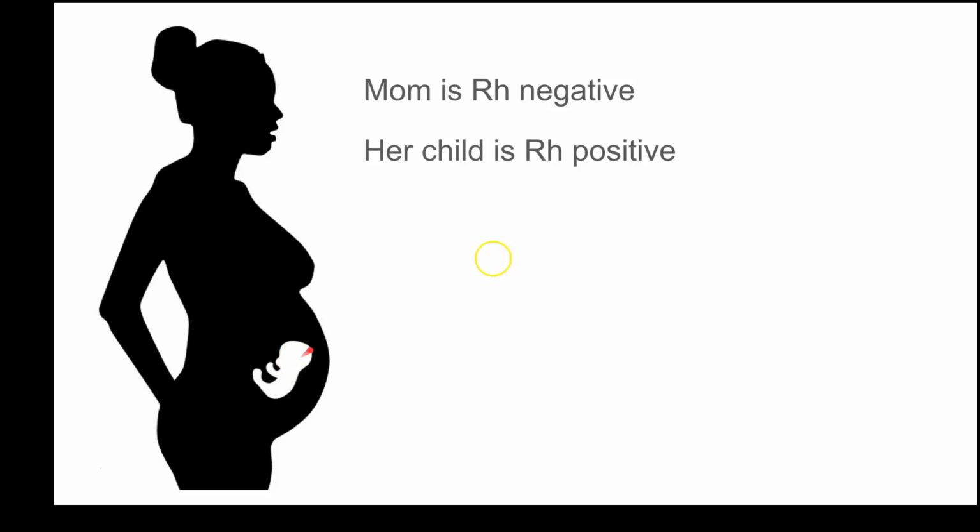This is not a big deal when she has child 1, and it's no problem. But when she's having child 1, there's some blood-to-blood contact because there's some hemorrhaging involved with pregnancy. Her blood is going to see that Rh positive child's blood.